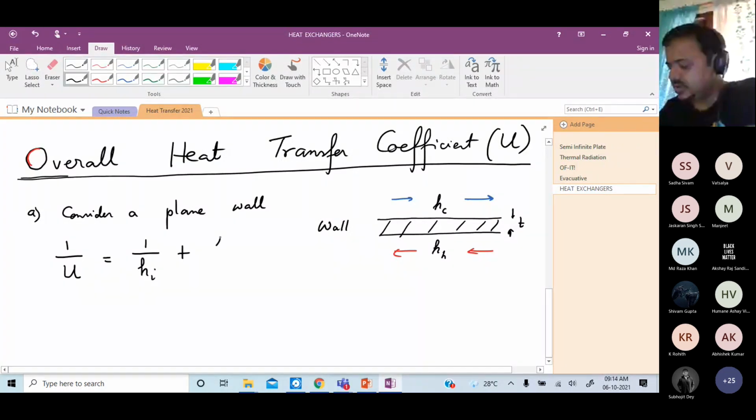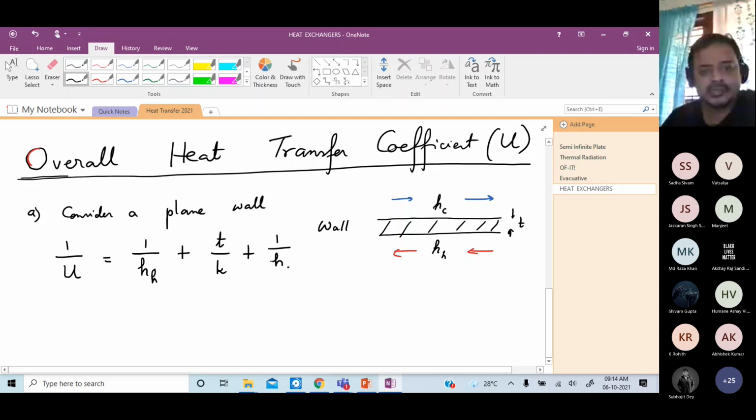It will be 1 over Hi plus T over K plus 1 over HH plus T over K plus 1 over HC. In this case, K is the thermal conductivity of the solid wall. Okay.